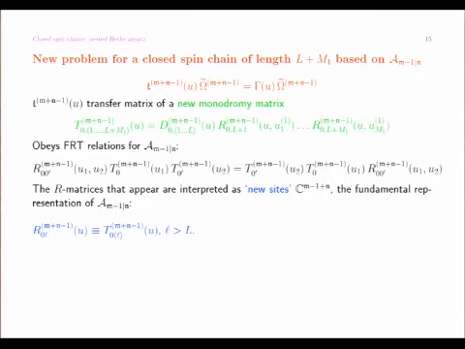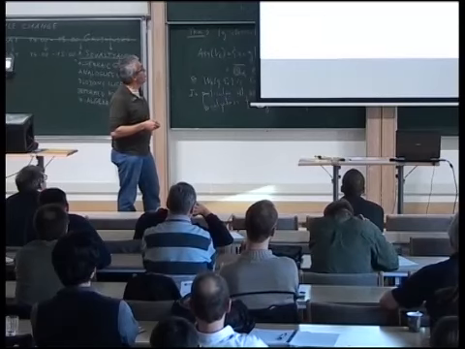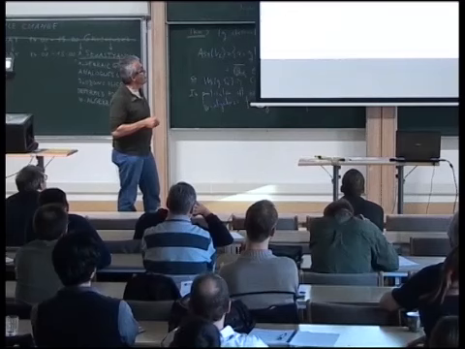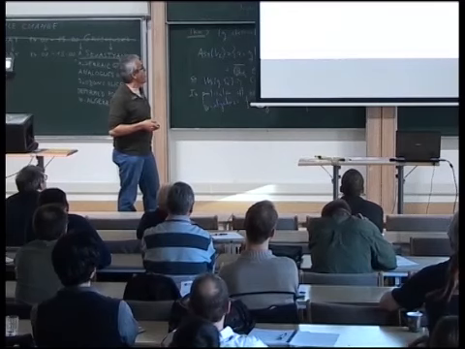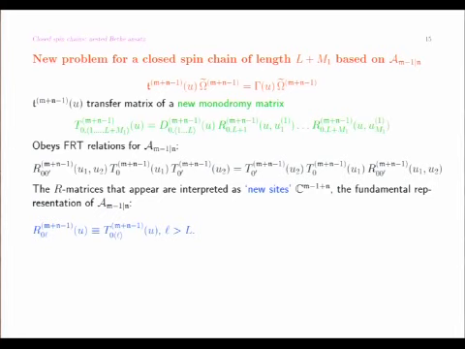But here you can see that since D is acting on the sites 1 to L, and you have more matrices, you have a chain which is of length L plus M1. M1 was just the number of B operators there. You can show that this new monodromy matrix obeys the FRT relation for this smaller algebra.